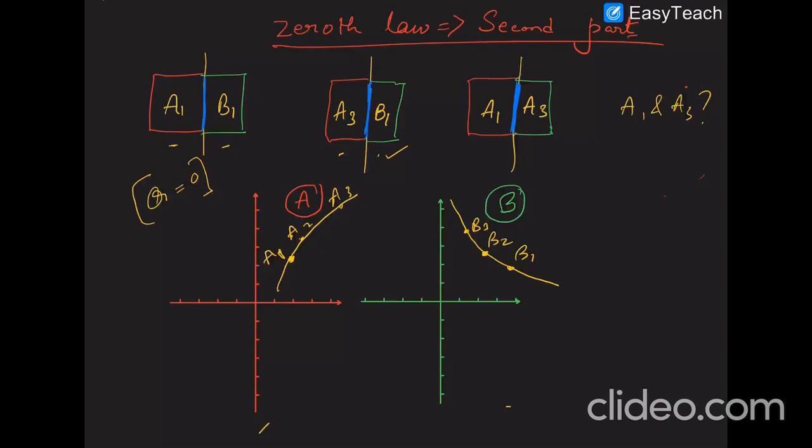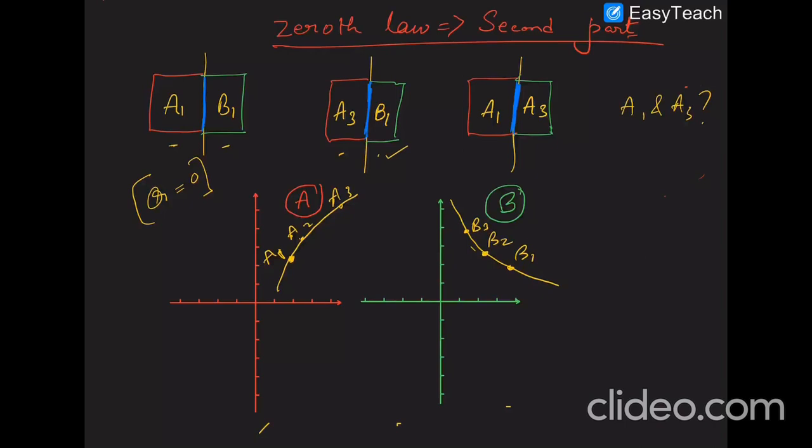So this is the locus where you will get the points representing the same isothermal state. Similarly, for system B, this locus will also indicate that B1 and B2 are isothermal states and they are all in thermal equilibrium. In that way, this locus also indicates in a similar fashion as A.